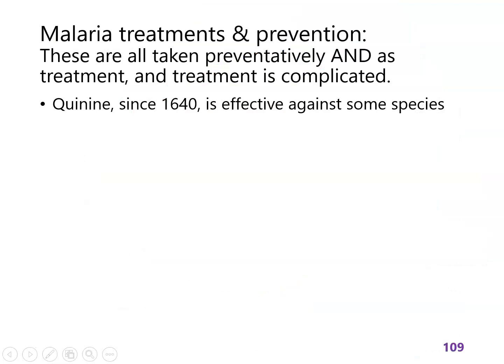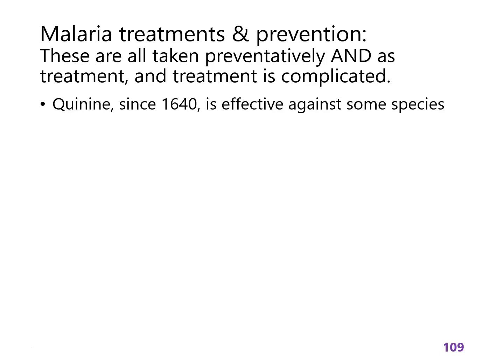Treatments for malaria have been known for a long time, because malaria has been known for a long time. Quinine, which you may experience if you drink tonic water, is incredibly bitter and disgusting. It is actually an effective treatment against some species of malaria.